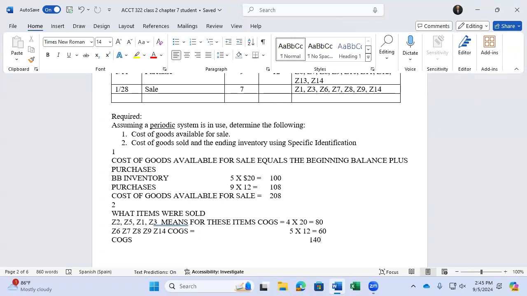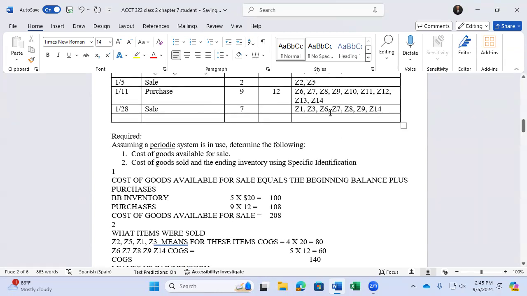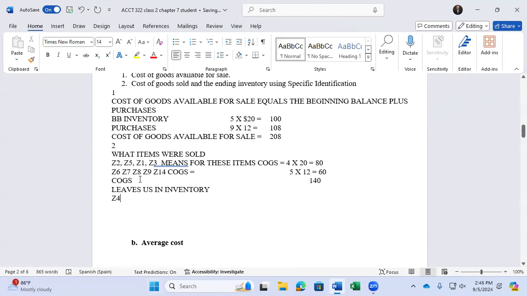Any questions so far? So what does that leave us in inventory? Z4. And then we look at what's purchased here. 6, 7, 8, and 9 were purchased, and they were all sold. So we have 10, 11, 12, and 13.